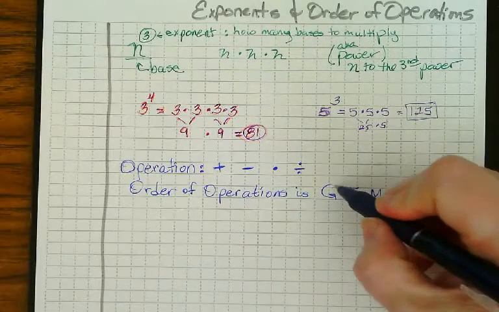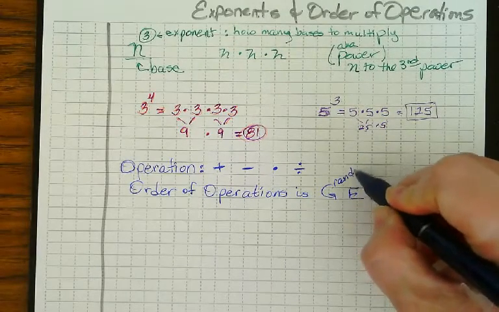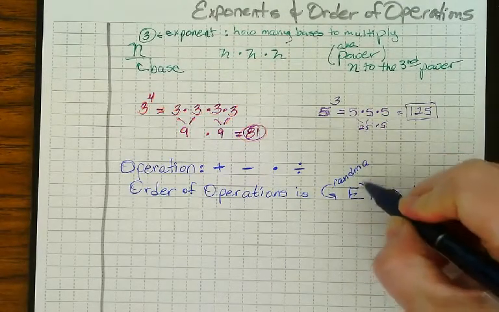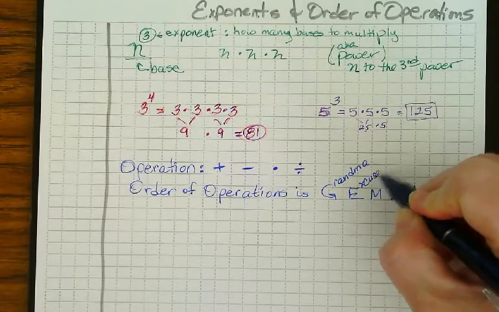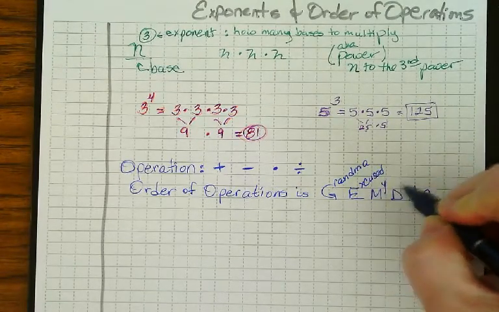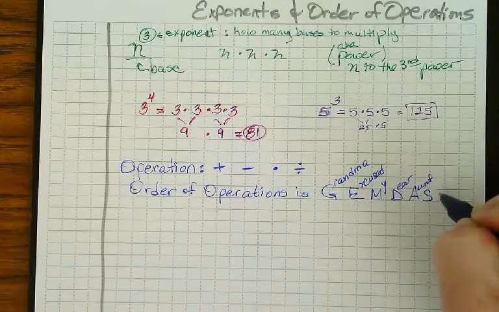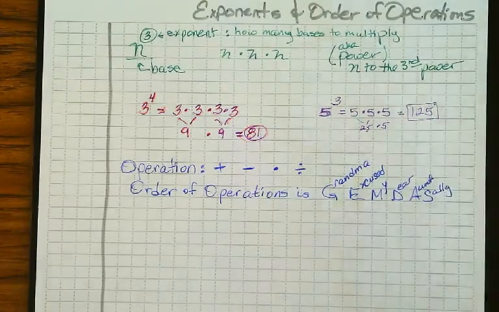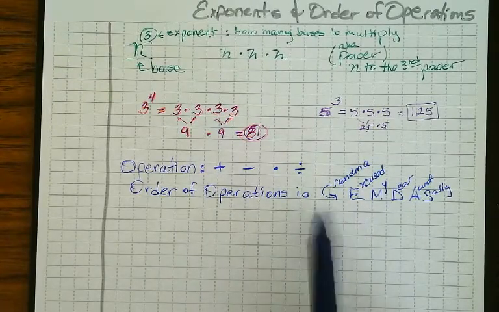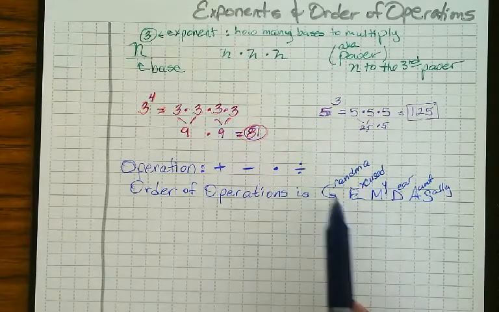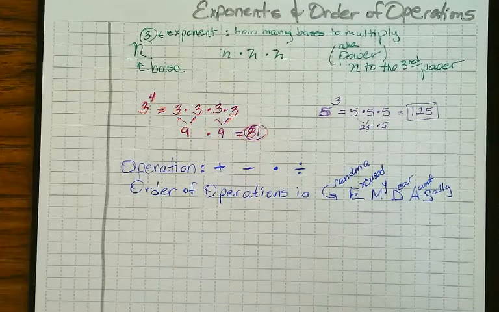And if you say, Grandma excused my dear Aunt Sally, then you'll remember that it goes G-E-M-D-A-S. Grandma excused my dear Aunt Sally.